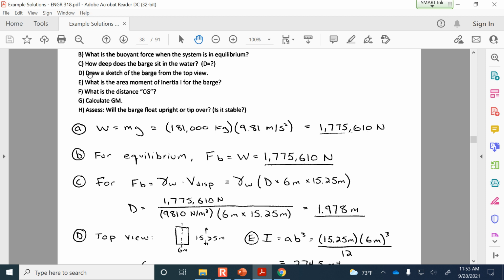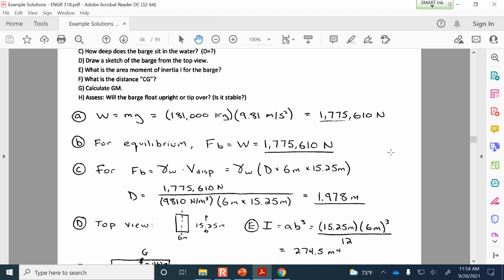Okay, next I suggested that you draw a sketch of the barge from the top view, simply because if you sketch out what its top view looks like, then it's going to be easier to identify the shape of it and the dimensions. Here's my sketch, 6 meters wide, 15.25 meters in length. In part E, when I'm calculating the area moment of inertia, I'll just cube the smaller of those two dimensions.